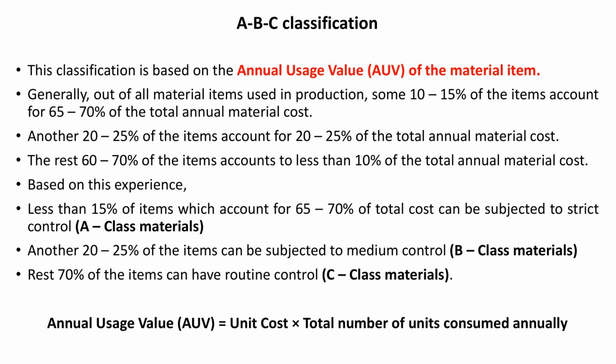Another 20 to 25% of the material items can be subjected to medium control, and those materials can be classified as B class materials. The rest 70% of the material items can have routine control, and such material items can be classified as C class materials.